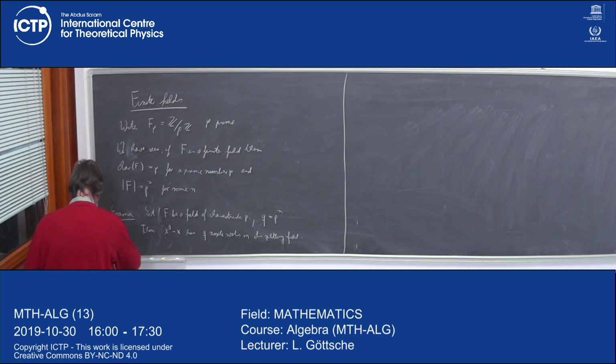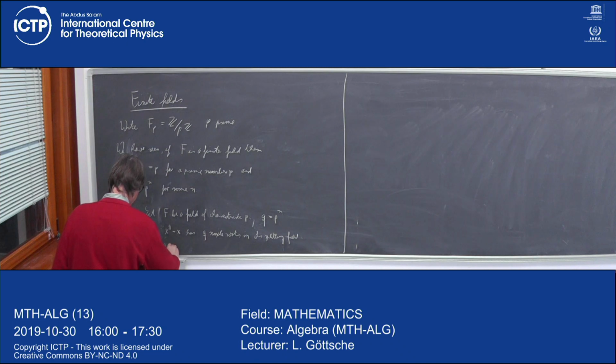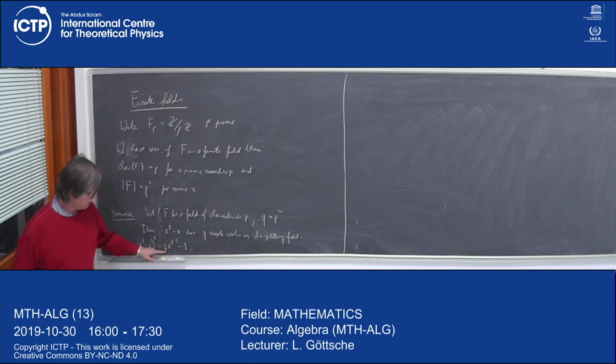So proof. If we take the derivative, what is this? This would be q times x to the q minus 1, minus 1. But q is equal to 0.